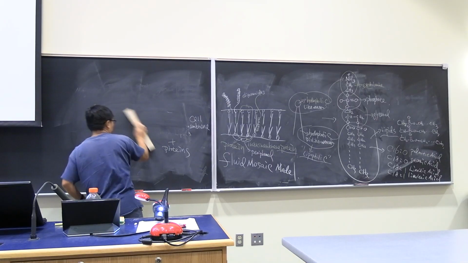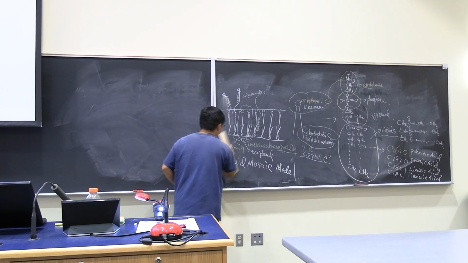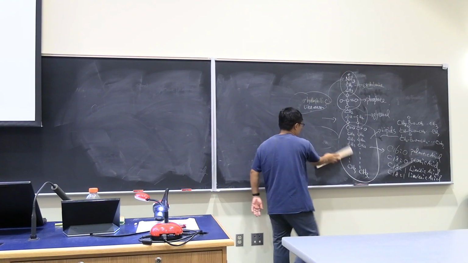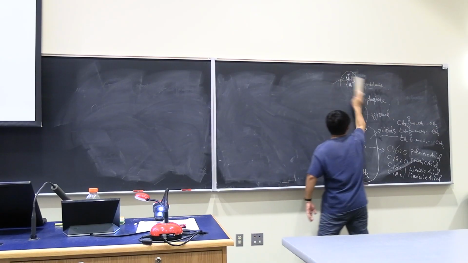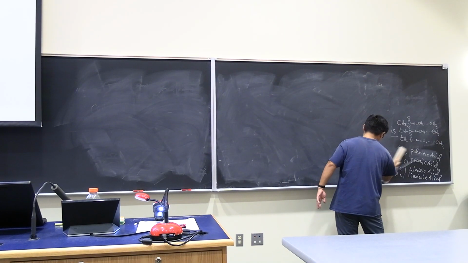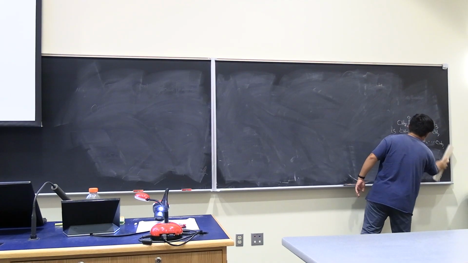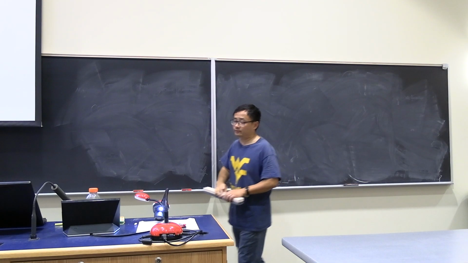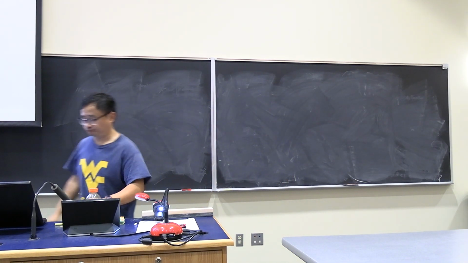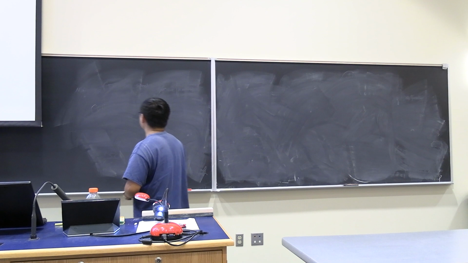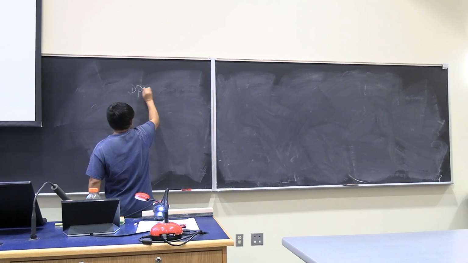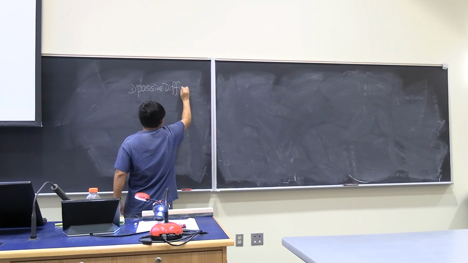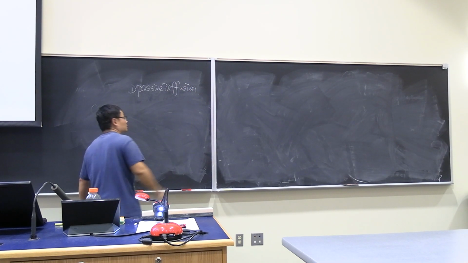Uptake of the nutrition for bacterial cells. You already learned in your biology class how human or animal cells uptake the nutrients, and pretty much in high school you know about that. Bacteria keep some of that, but some of them are new. Passive diffusion. This is what everybody knows.